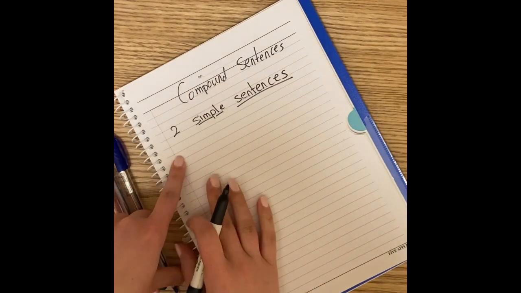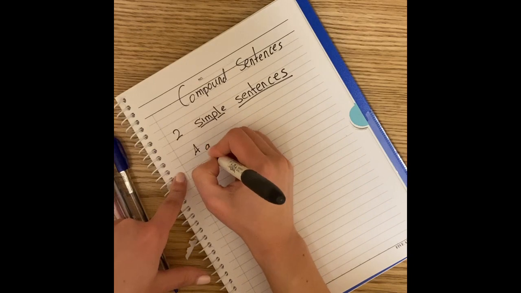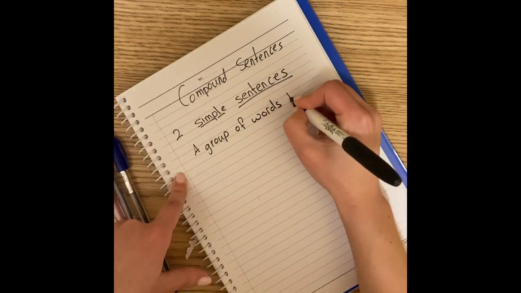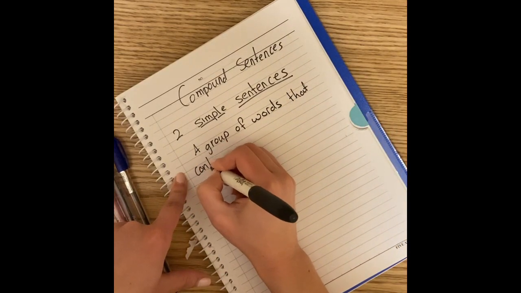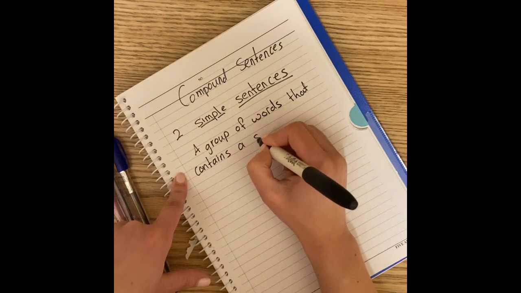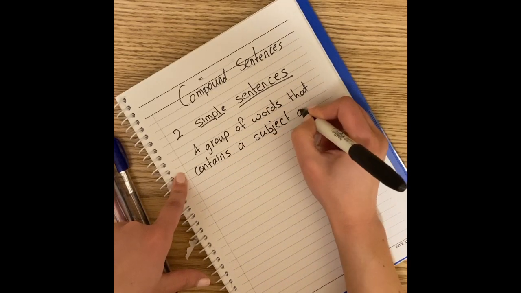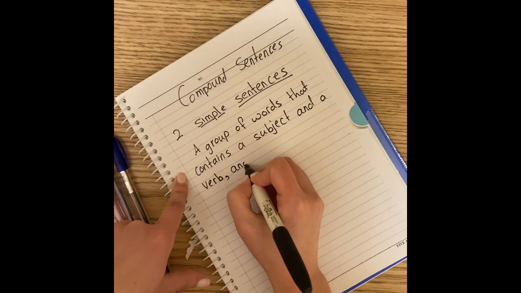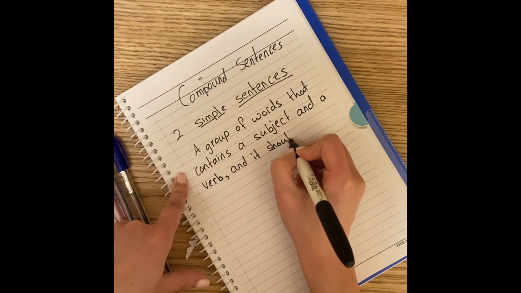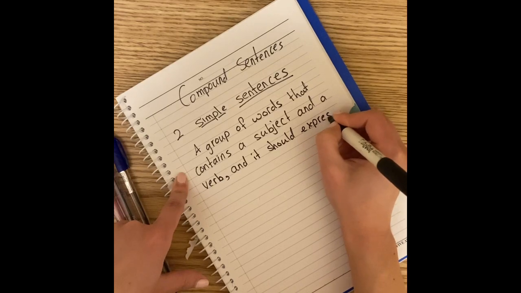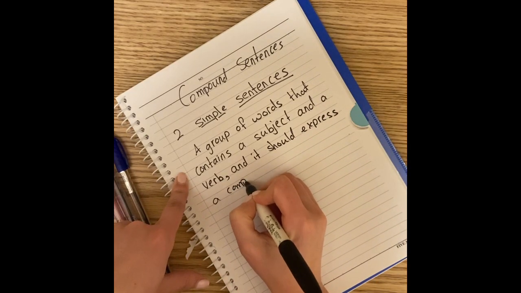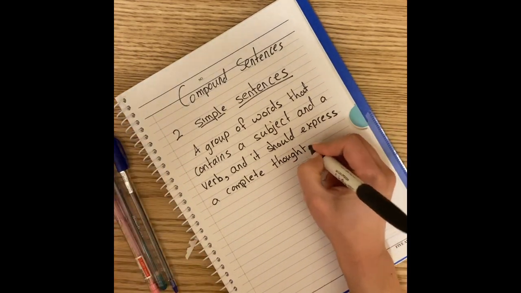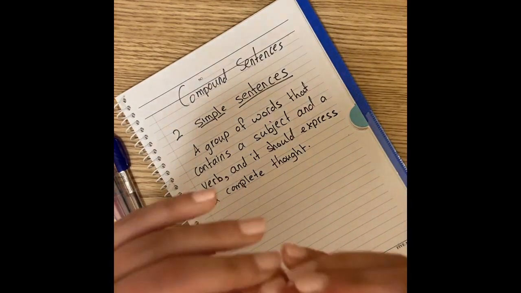So, a simple sentence is a group of words that contains a subject and a verb, and it should express a complete thought, which means that it should have a complete idea. I should understand the idea of this sentence.